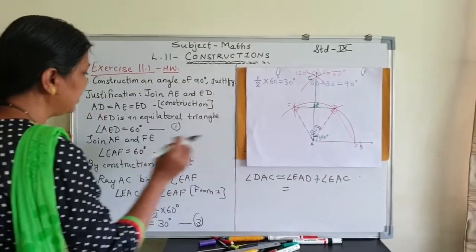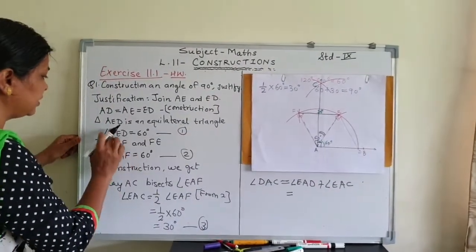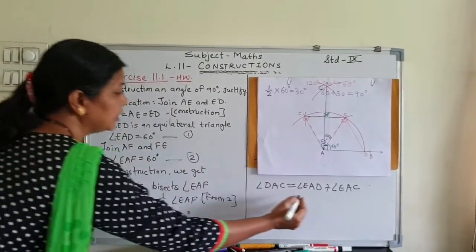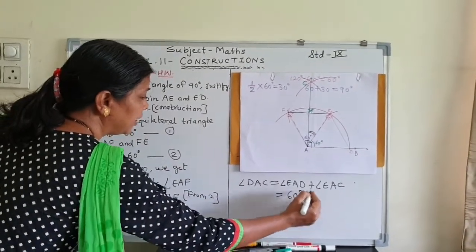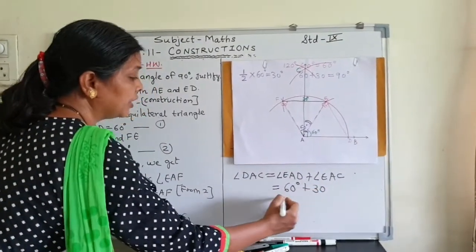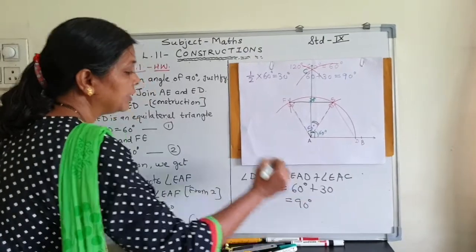Angle EAD we get from the first statement. EAD is 60 degree and EAC from statement number 3 is 30 degree. So this is how we get 90 degree.